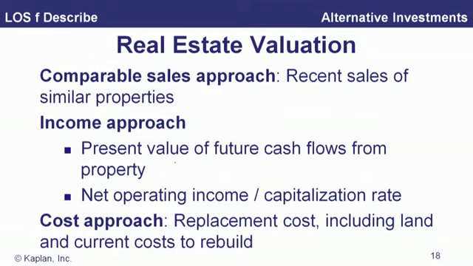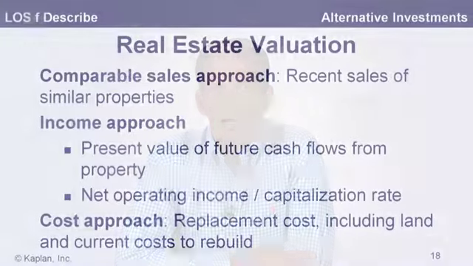The income approach, similar to the cash flow approach we were just talking about, present value of future cash flows from the property, or net operating income, which is the net cash flow from the property, and dividing that by a capitalization rate, but that's really just the other thing turned upside down, right? If you know the value, you multiply it by the interest rate, you get the net operating income, and vice versa.